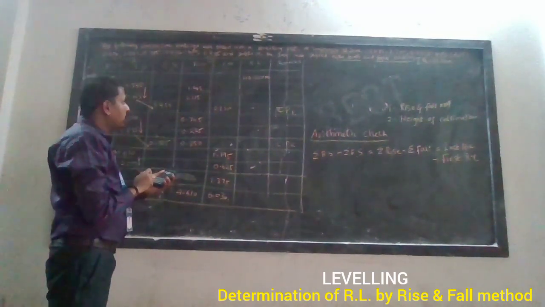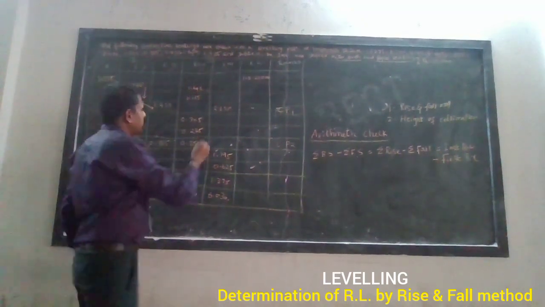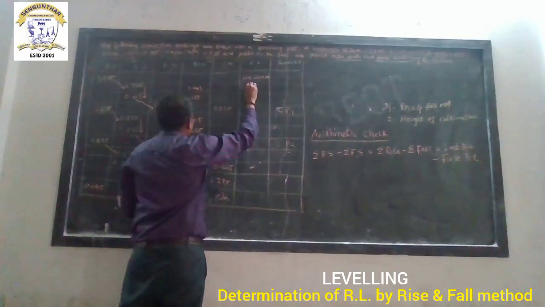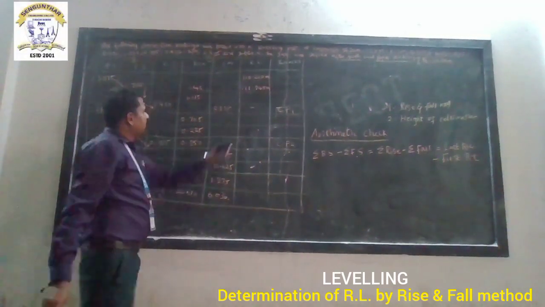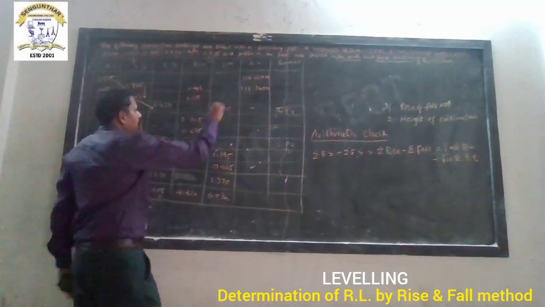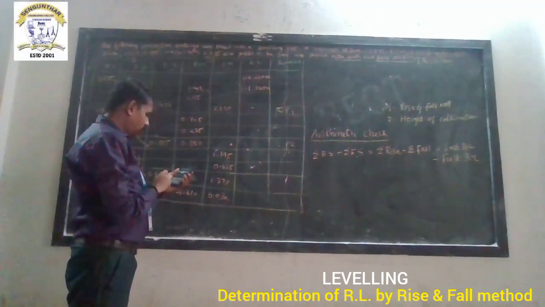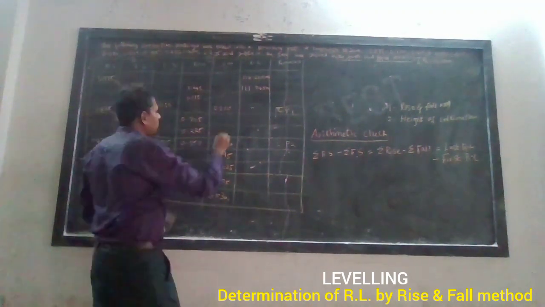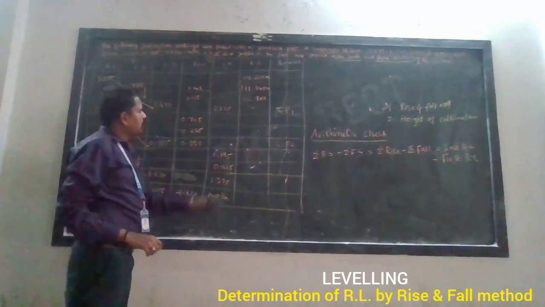So 110.200 plus 1.645, which is equal to 111.845 meter. Right. So see the next value. The next value also comes under rise. So that's why I add this RL plus 1.115, which is equal to 112.960.